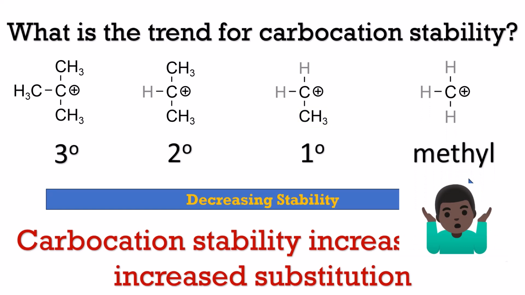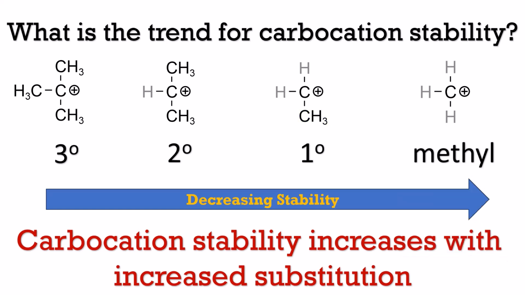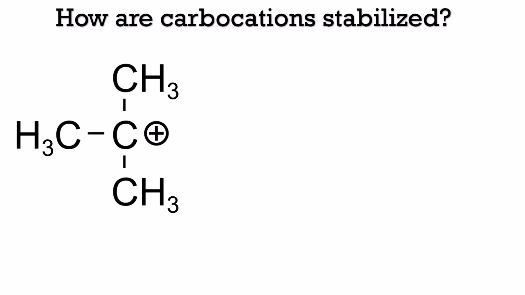Now, what you'll notice is as you decrease the number of carbon substituents around the carbocation, you also decrease its stability. So the tertiary is the most stable of all of the carbocations depicted, and the methyl is the least stable. So let's deal with that.